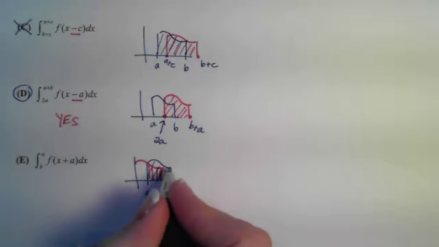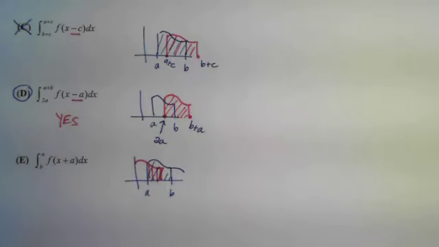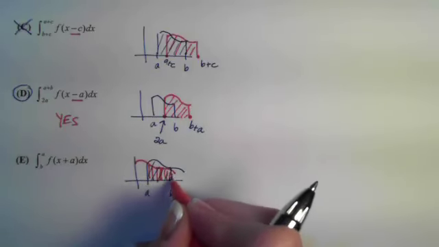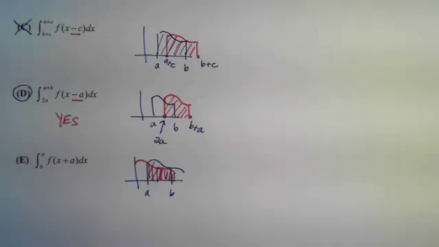I guess I could continue the function. Now going from B to A is not necessarily going to be the same as A to B. I dragged the curve to the left, but I did not take the limits with me. So E is not going to work.